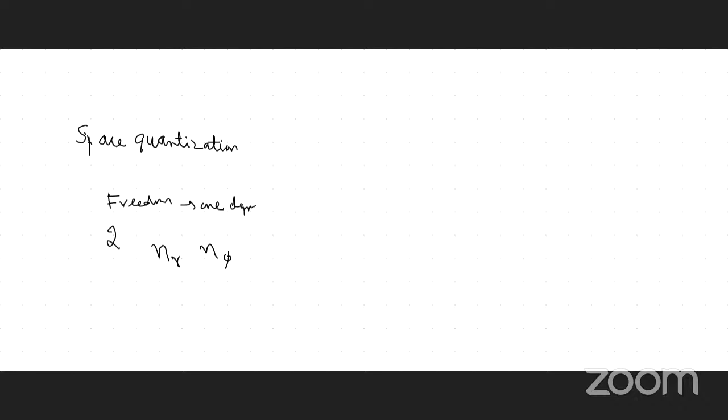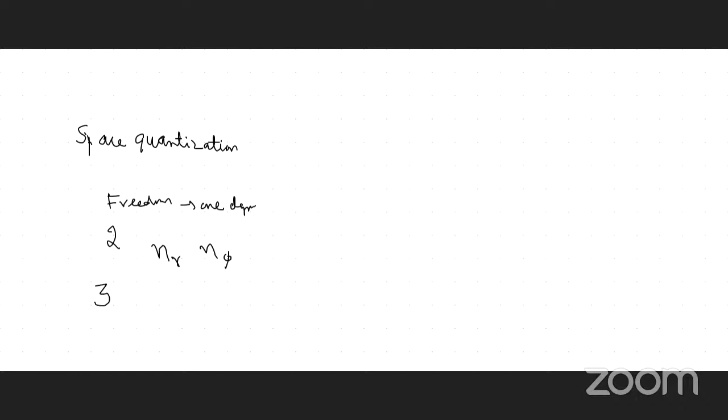But in general, the motion of an electron in an atom is actually three-dimensional. The electron is revolving around the nucleus, so to explain its motion we have to describe it three-dimensionally.